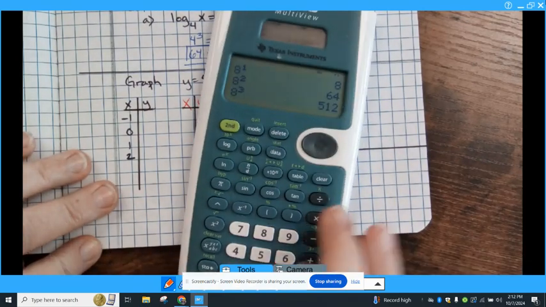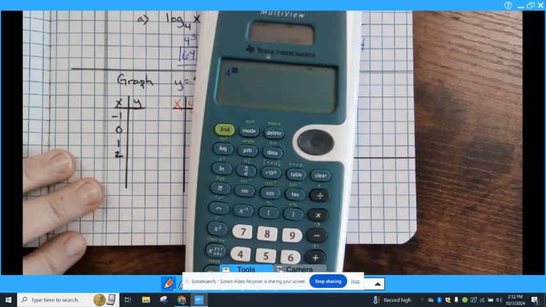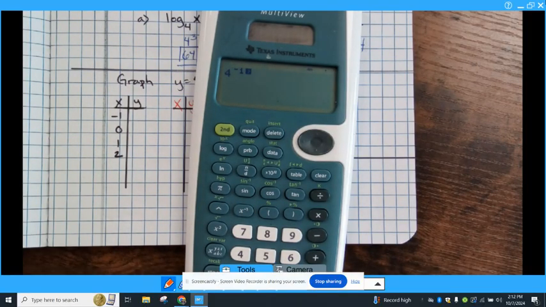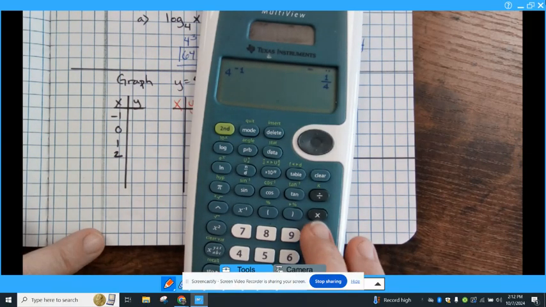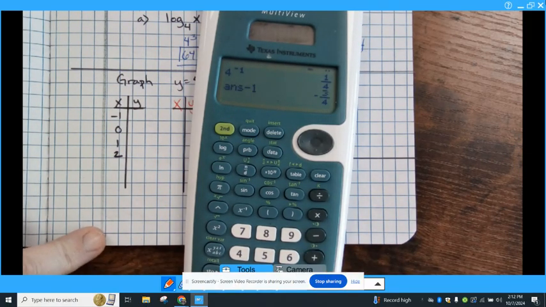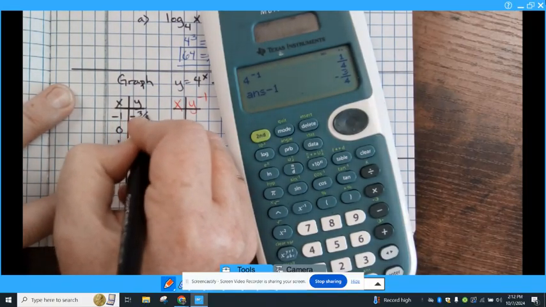So I'm going to use a calculator. 4 to the negative 1, which is 0.25. Enter. 1/4 minus 1. Negative 3/4. So negative 3/4.